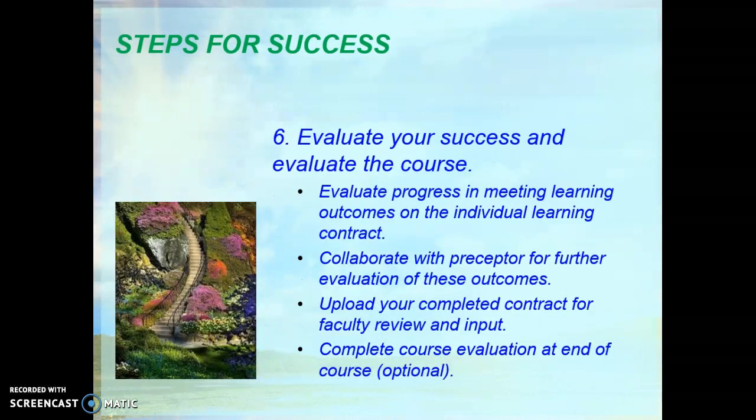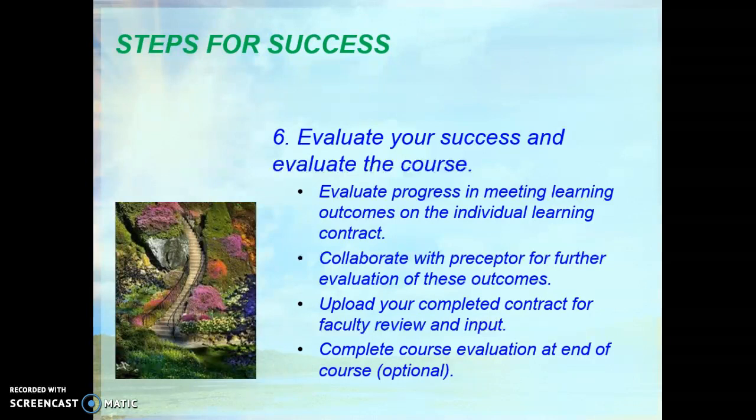Number 6, evaluate your success and evaluate the course. Near the end of the semester, you're going to evaluate the progress that you've made on your learning contract. For each outcome goal, you will write out some information about how you met it, and provide some documents or evidence, things that you might want to upload additionally with your learning contract that show how you met those particular goals.